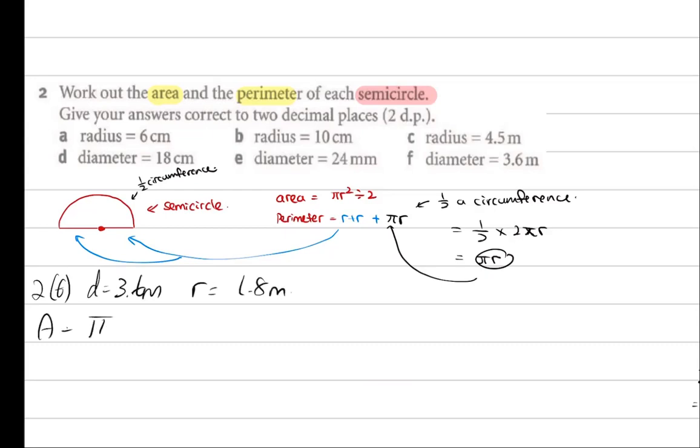Area will be pi 1.8 square divided by 2.